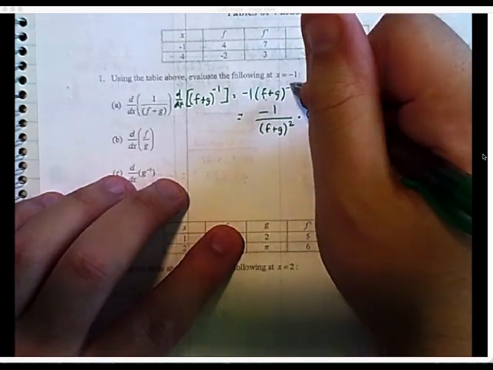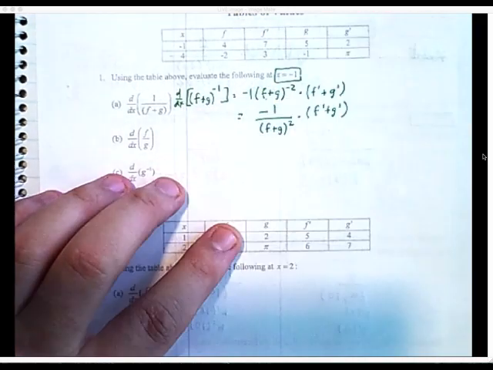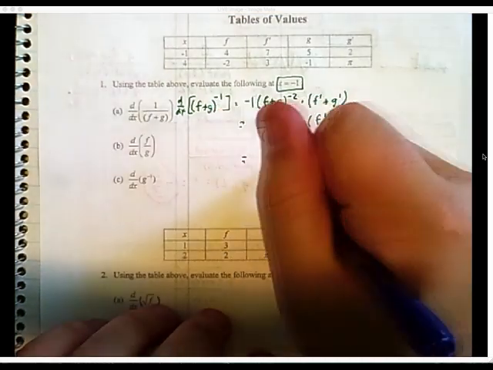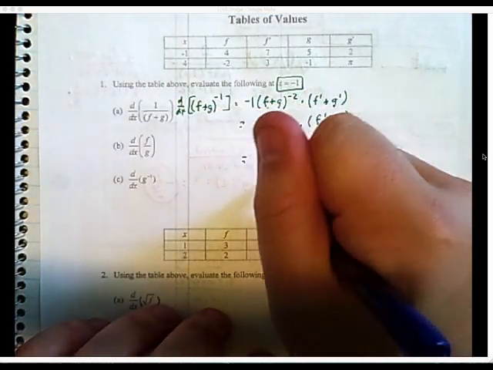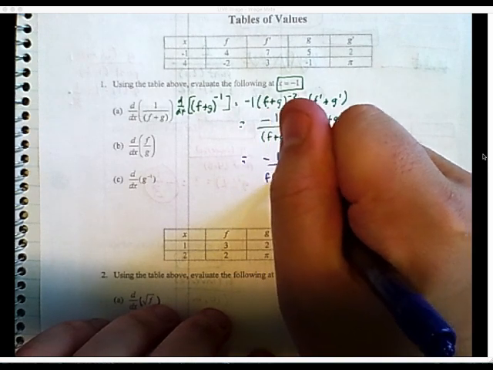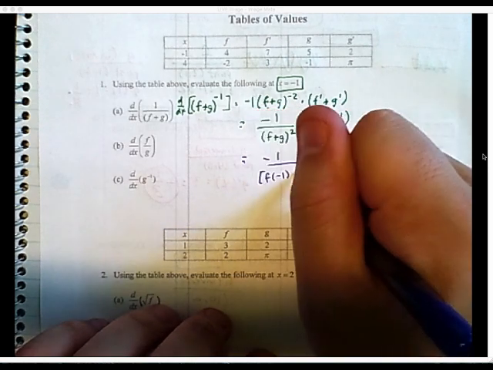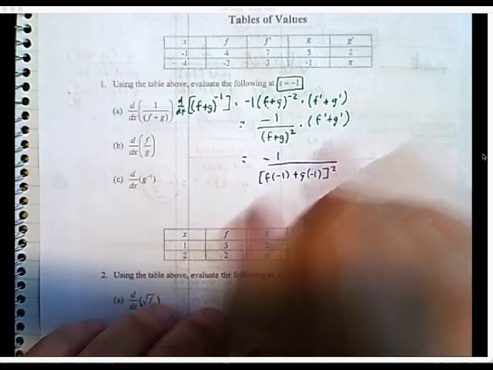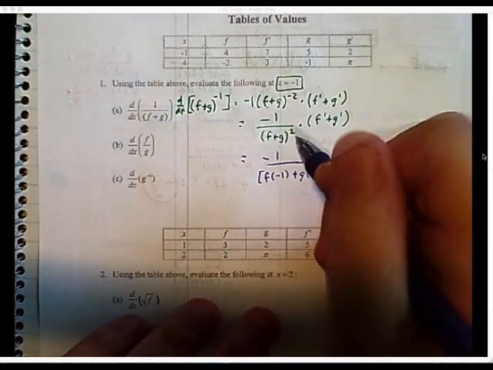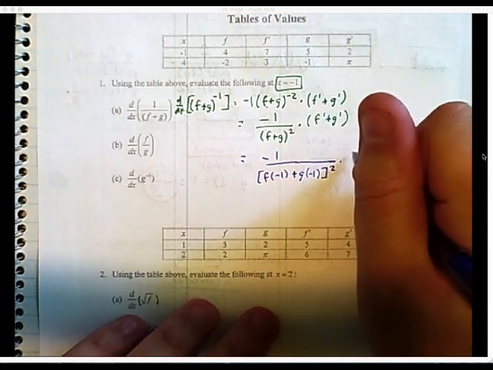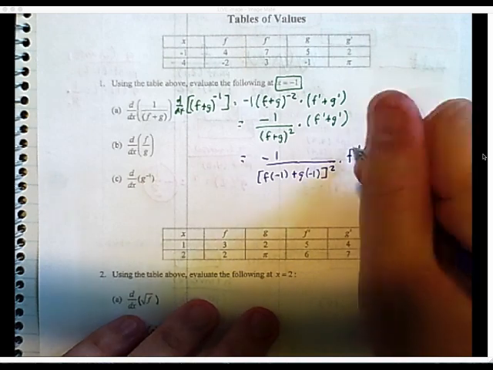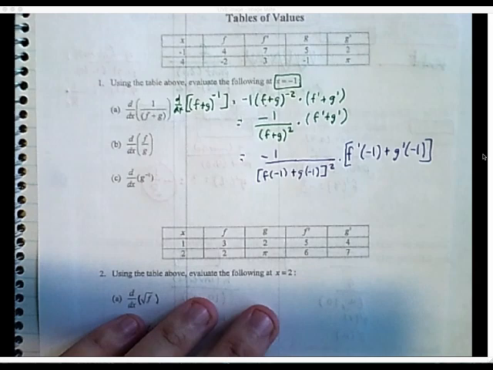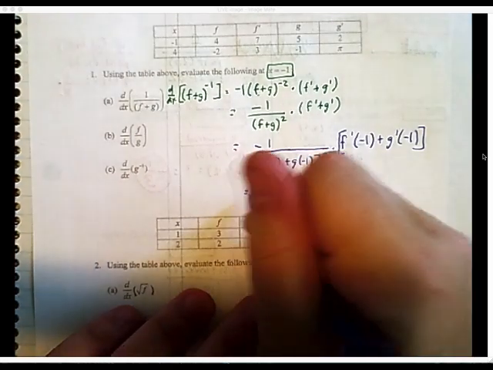Now they want to know what the actual value is at negative 1. So just looking at this, that means I need to take negative 1 over f of negative 1 plus g of negative 1, square it, that's what this part is, and then multiply that times f prime at negative 1 plus g prime at negative 1. Then I can use my table of values to help me figure this out.